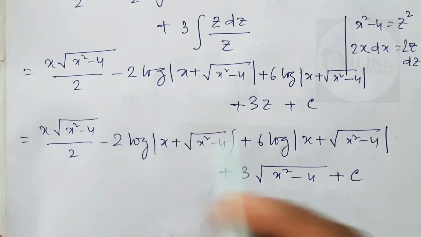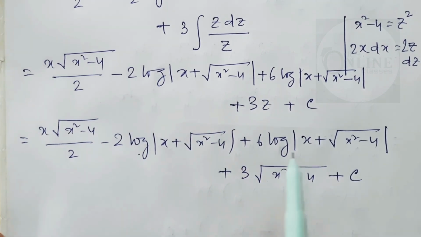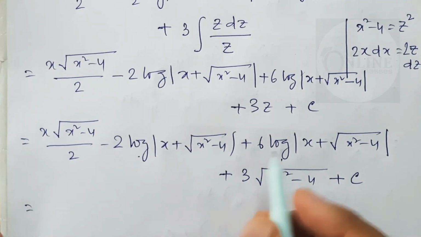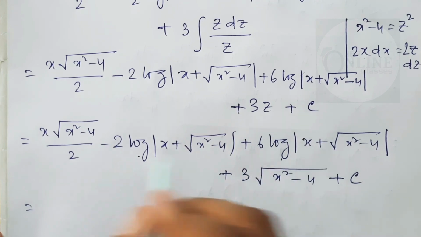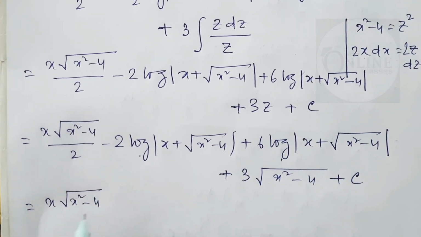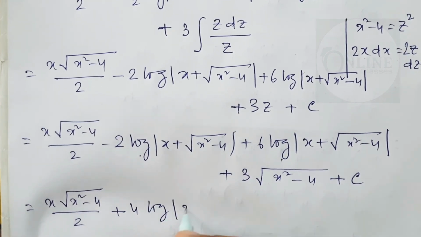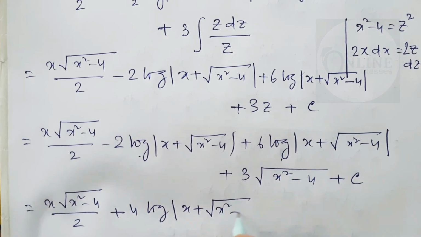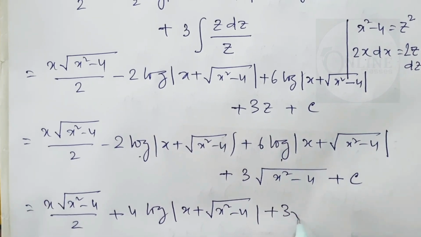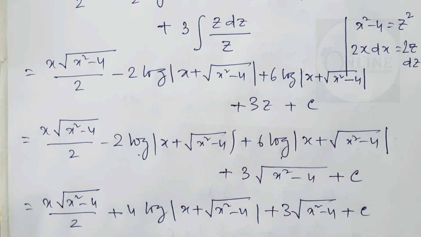Now you can do some minor calculations: here there is a log, here there is a log, so you can combine them. This is 6 and 2, so the result is x root over x square minus 4 by 2, plus 4 log of x plus root over x square minus 4, and then plus 3 root over x square minus 4 plus c, and that's the answer.